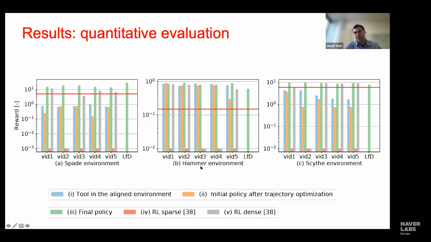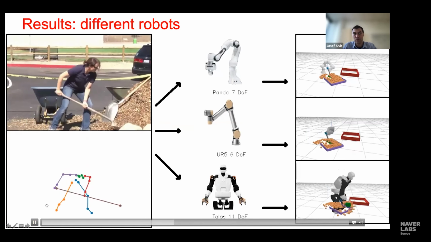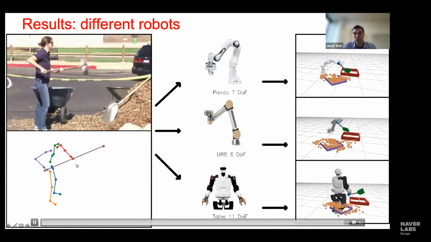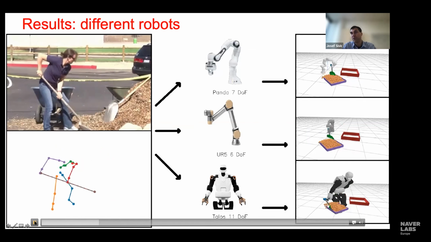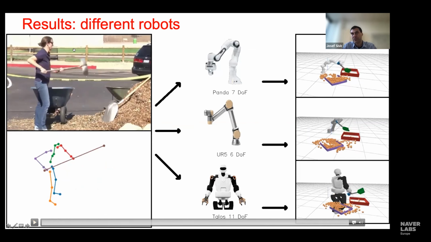and show this experiment, which I thought was quite exciting, where we use the same algorithm, the same approach, to transfer to different robots. We can do this because we don't worry about the human here, only about the tool which we extract. Then we use 3 different robots in simulated environments and end up with 3 different policies with the same algorithm, depending on the robot configuration.